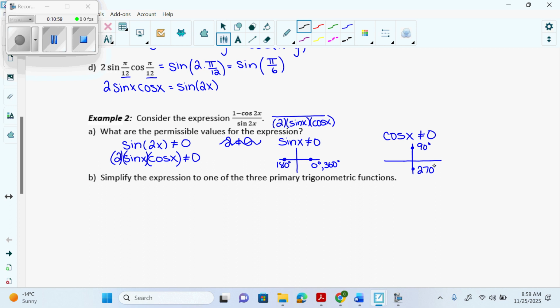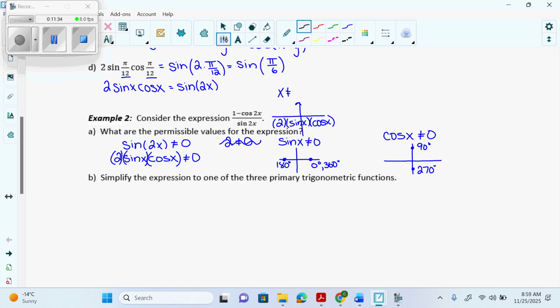Now, please listen because people don't get NPVs and they get it wrong on the test all the time, but they're not that hard. I can do these restrictions separately. For this one, I would get x can't equal 0 plus 180n, n an integer. Do I need to go 0 plus 180 degrees, or can I just write 180 degrees n? Because 0 plus something changes nothing, so I don't have to put the 0.